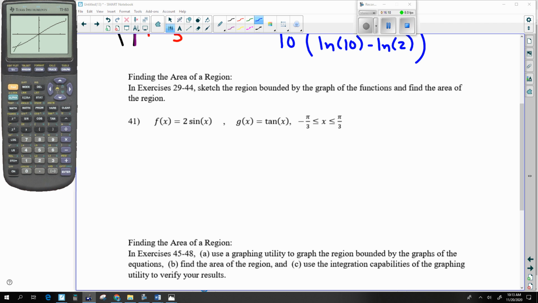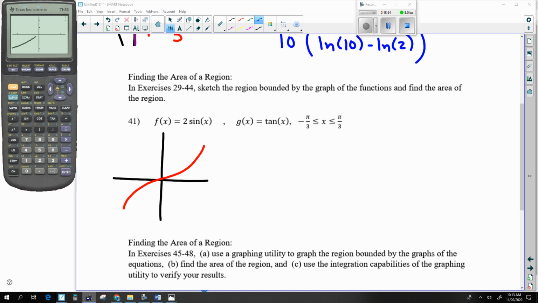There's our sine. There is our tangent. So we first had our sine, and then we had our tangent. Let me find this.